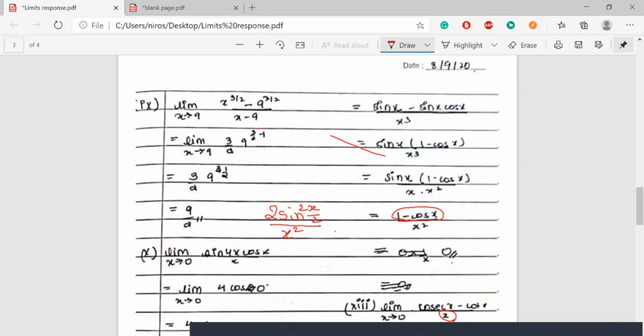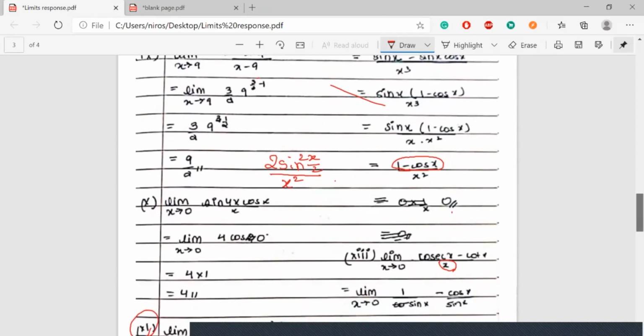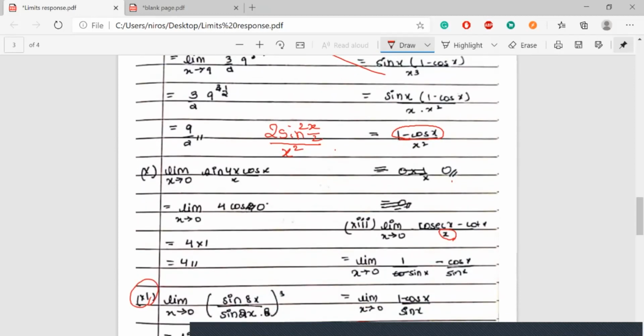Now when you see this, it is similar to the form sine x by x, or sine ax by x. So here it is x by 2, so here also you have to get x by 2. This is x square by 2, right?